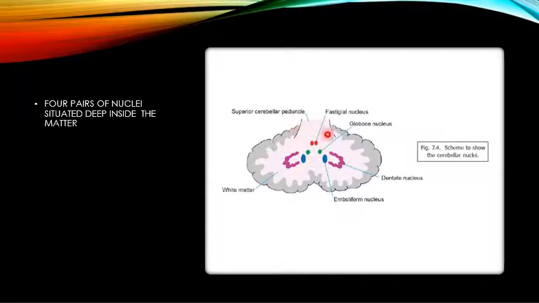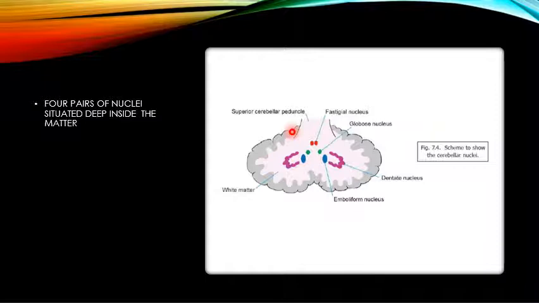So these are pairs of nuclei. Four pairs are there, and how to remember them, students? You can remember them in the sequence D, E, F, G: dentate, emboliform, fastigial, globose. That is how you would remember this.